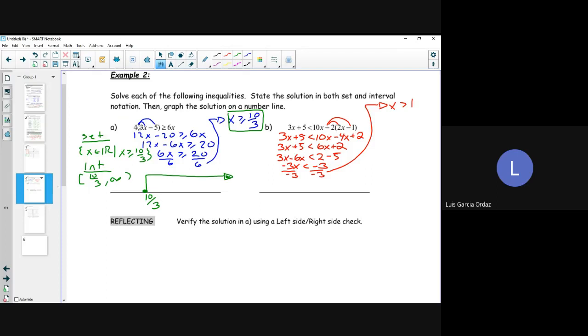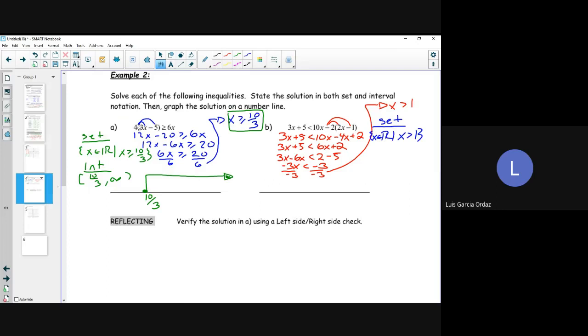Right, so even if we wanted to avoid that whole negative number thing, if we moved all the variables over to the right side and all the constants to the left side, we still would have gotten x is greater than 1. Okay, so now we're going to write this in set notation and in interval notation. So we have set notation, x ∈ R such that x is greater than 1.